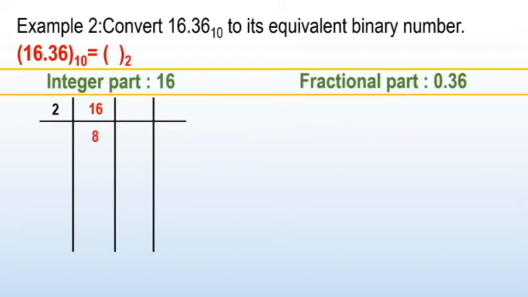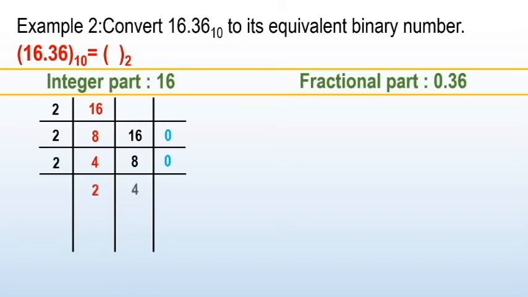2 8s are 16. Remainder 16 minus 16 is 0. Our new quotient is 8. 2 4s are 8, remainder 0. 2 2s are 4, remainder 0. 2 1s are 2, remainder is 0. 2 0s are 0, remainder is 1 minus 0 is 1.